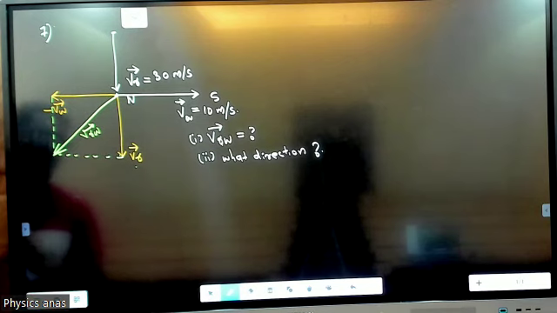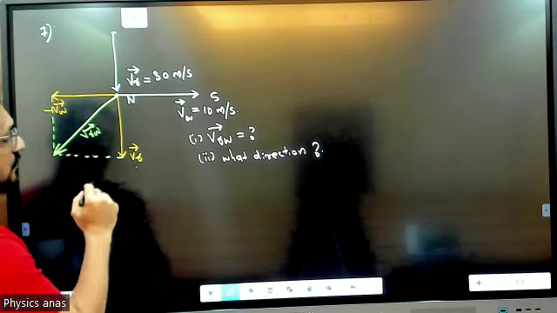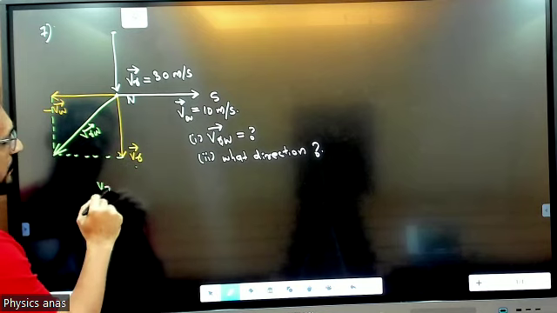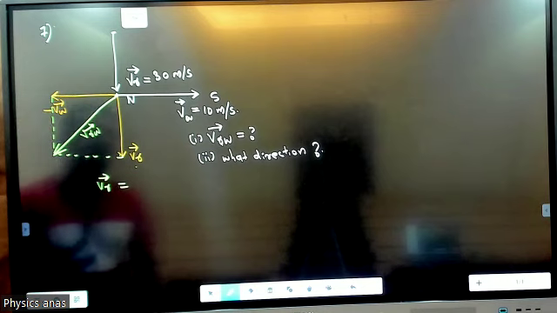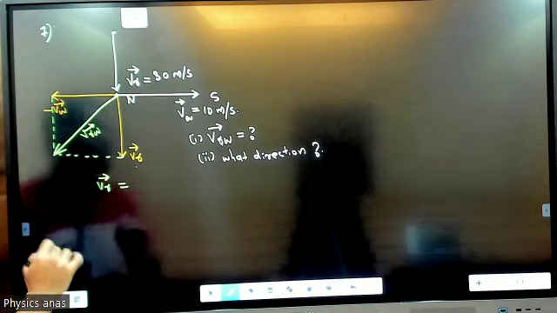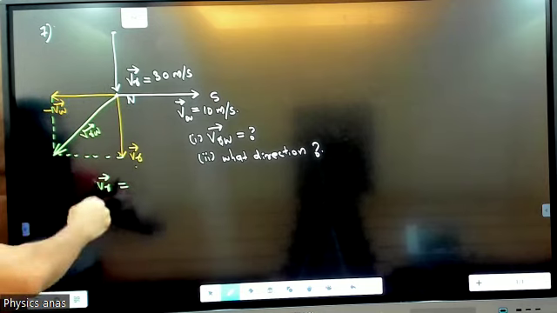If this is VRW, you can write VR and VW. What is vector VR? Vector VR is the velocity vector of rain, and it is acting in the downward direction.